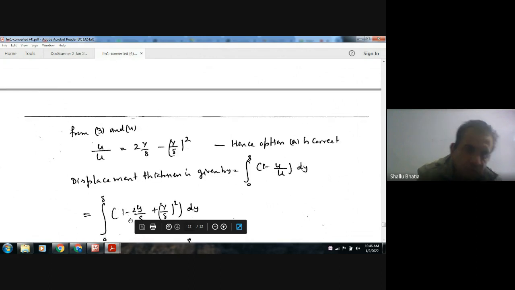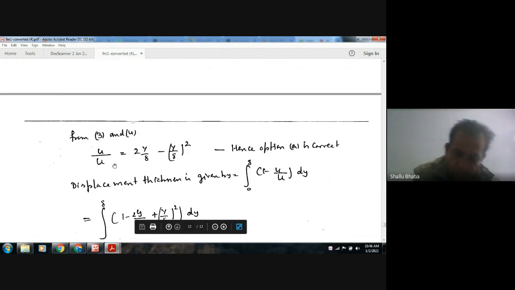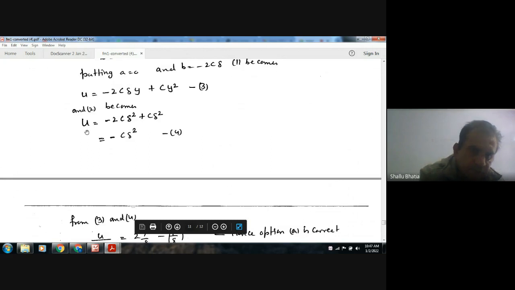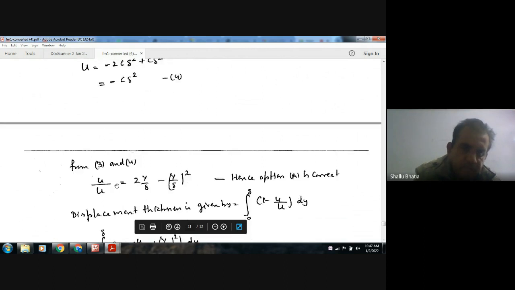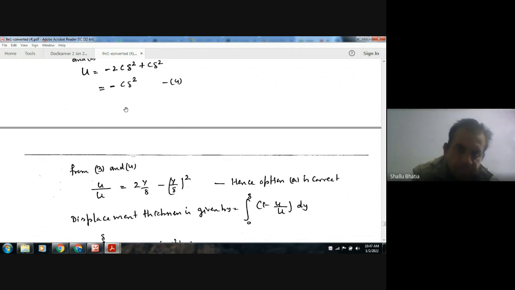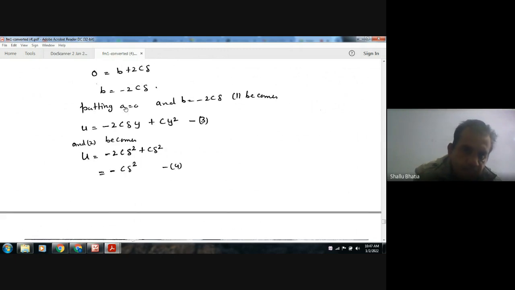Now this is your u, capital U or small u, and it is divided by capital U. Here, capital U at y equal to delta is just 2c delta square minus c delta square.